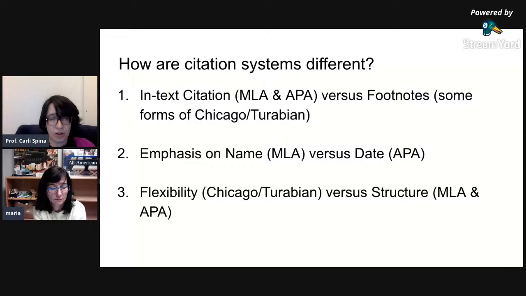Now, the alternative to this is to focus on the date. That is something that is done in APA style, and APA style is used more for the social sciences. In those fields, the feeling is that there's more importance attached to date. So for example, maybe they care less who wrote something and more whether it's the latest information.